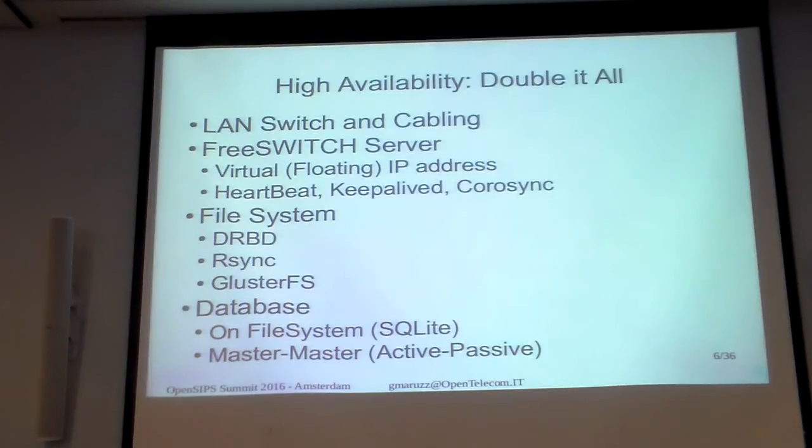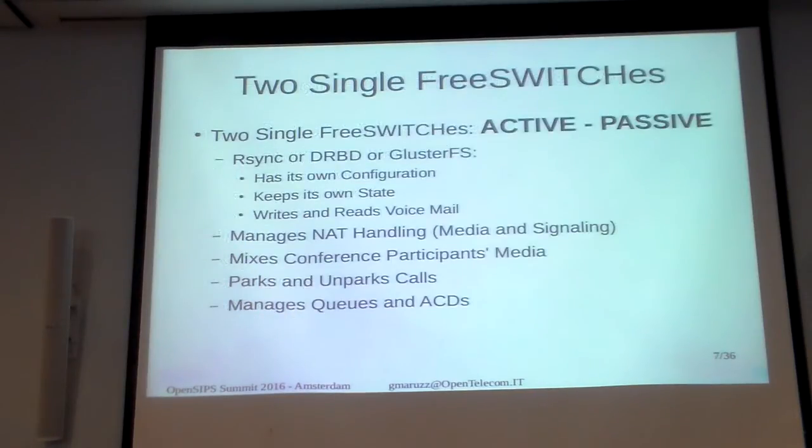You will then move the IP address from one machine to the other using the standard systems of high availability, that is Heartbeat or Keepalived or Corosync or Pacemaker, those things. In this first configuration, you will have those two machines in an active-passive way.